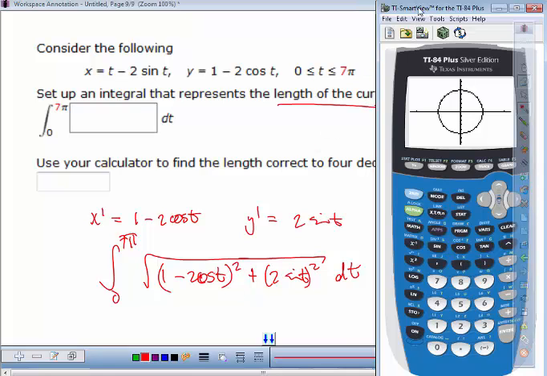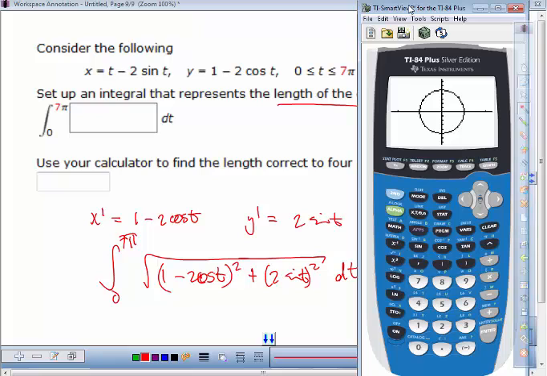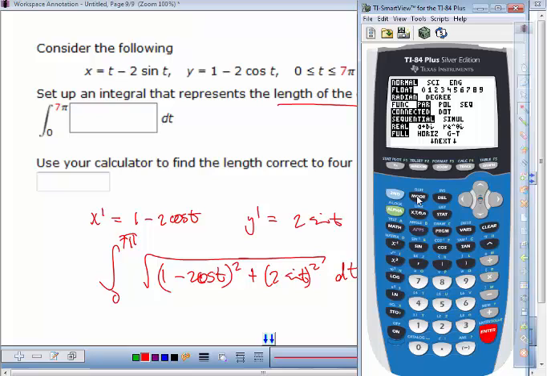Unless you have a TI-89, in which case you can call it whatever variable you want. But for us, I need to change the mode back to function, and then define the function, which looks like this messy looking thing.